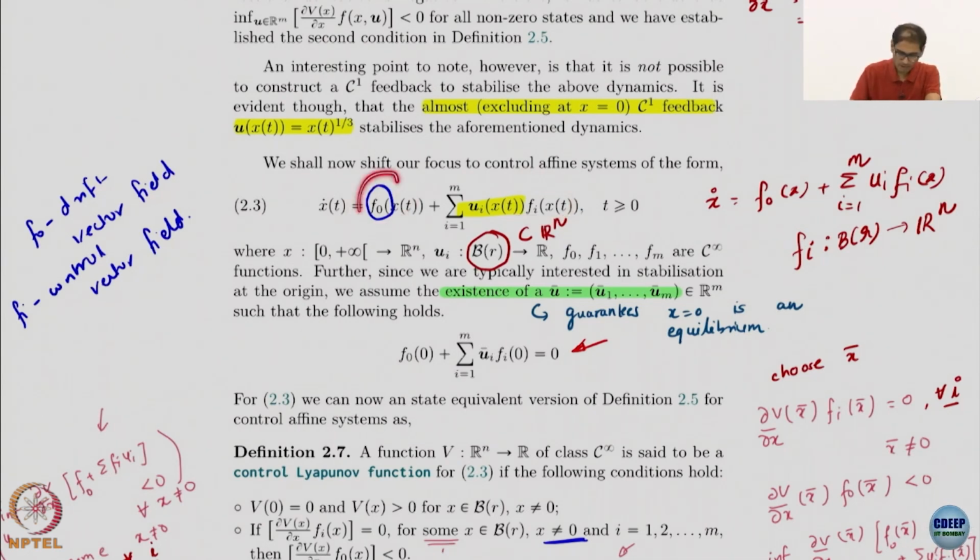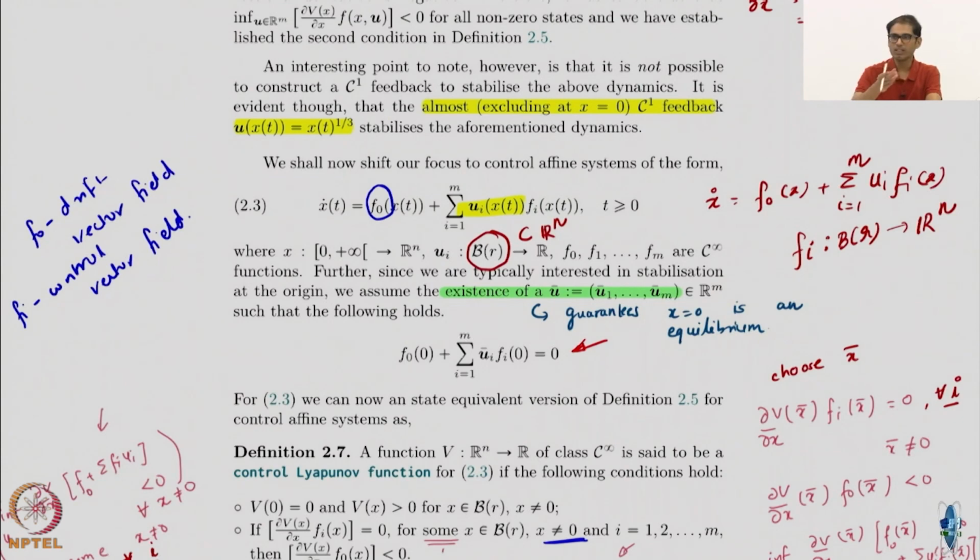If the control is 0, f0(x) tells you which way the state is going to get pushed at that point. Similarly, fi(x) tells you which way the state is pushed if the ith component of the control is 1.